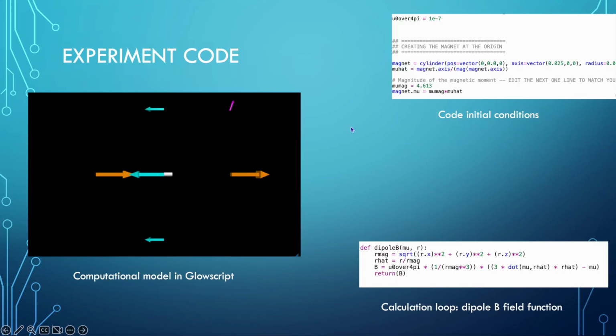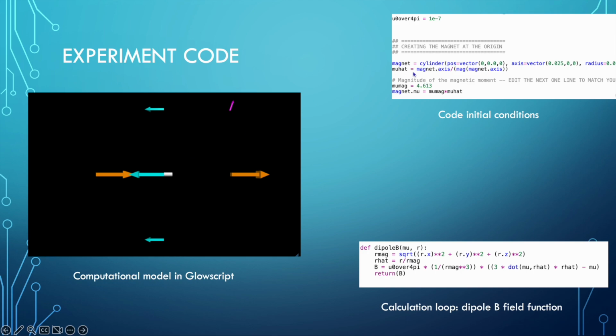So here's the code that we generated using GlowScript, or the computational model we generated using GlowScript. In the top right, we have our initial conditions. We have our mu naught over 4 pi, which is just our constant. Then we have our magnet, which is placed as you can see in this image here.